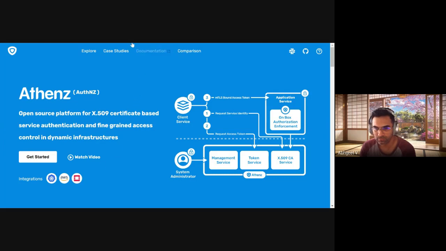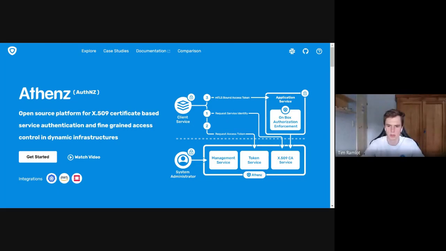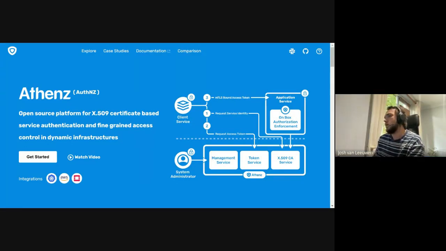Cool. Makes sense. Nice. Josh, do you also know, is the custom CSI driver necessary, or can we maybe adapt the CSI driver SPIFFE? It's not clear to me why they need to be adapted just yet.